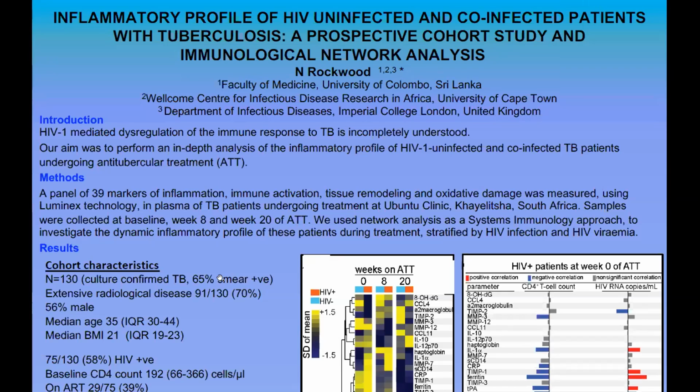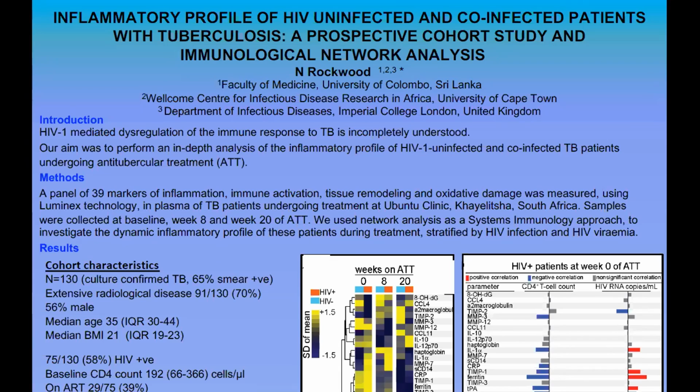We measured this at 3 different time points: at baseline prior to TB treatment, at 8 weeks, and at 5 months of treatment. We also measured markers of immunosuppression such as CD4 count and HIV viremia.